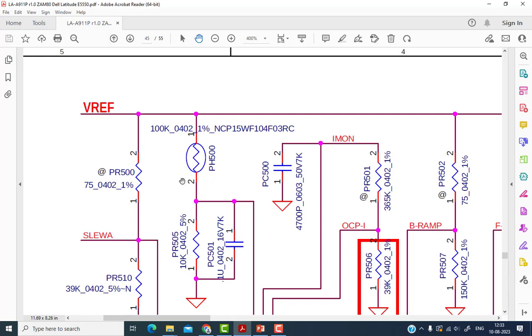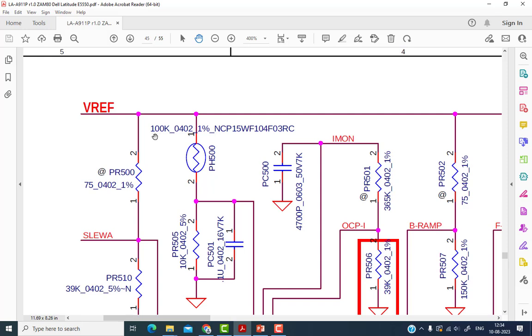Simple, how to find the NTC? On the schematic diagram there will be a zigzag line like a resistor, and around that zigzag line there will be a circle like this. So from that we can come to know this is a thermistor. And what is the value of this thermistor?